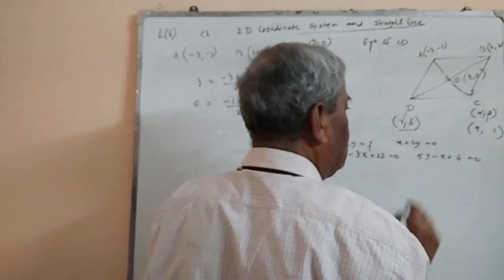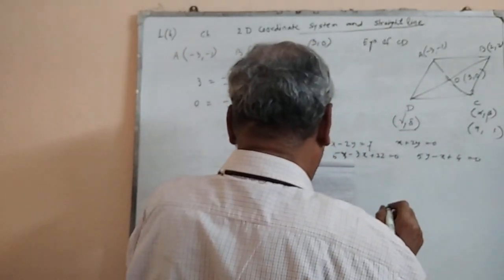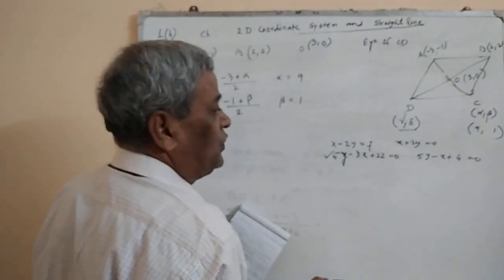These are the 4 options of the equation of CD, and the correct option will be 5y minus 3x plus 22.